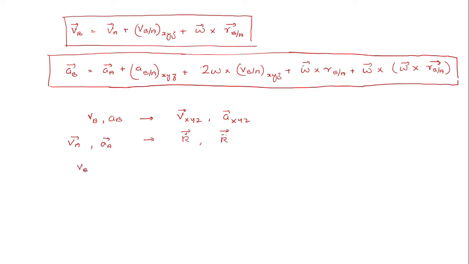Then you have VB with respect to A small xyz and AB with respect to A small xyz, that is actually velocity with respect to small xyz and acceleration with respect to small xyz. Then RB with respect to A vector is actually the rho vector. So they are one and the same thing, it's just two different ways of representing the equation.